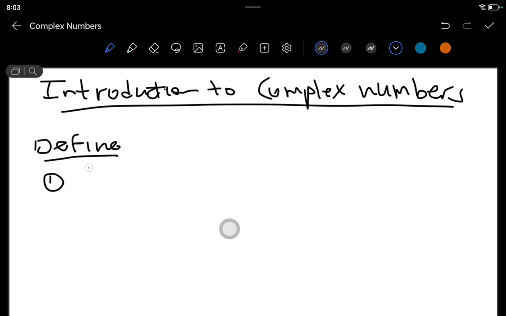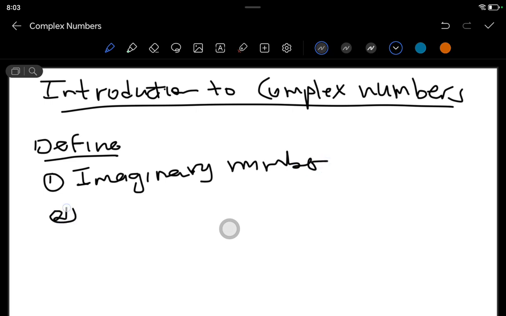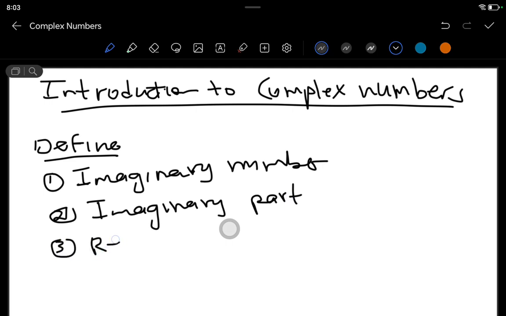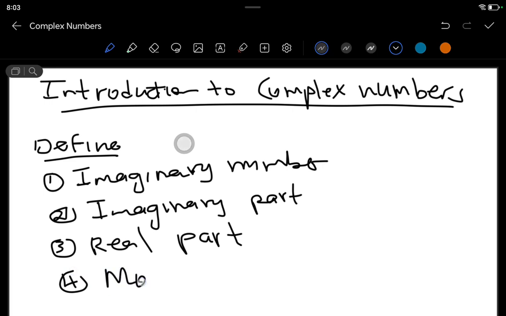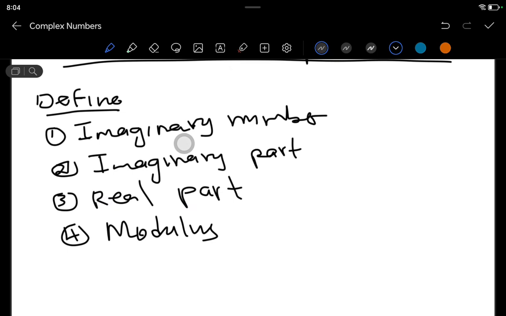First, what an imaginary number is, what the imaginary part is, what a real part is, what a modulus is, and lastly, what an argument is.